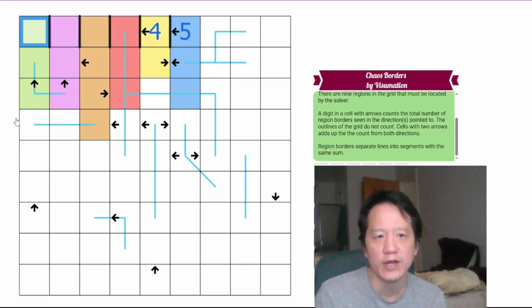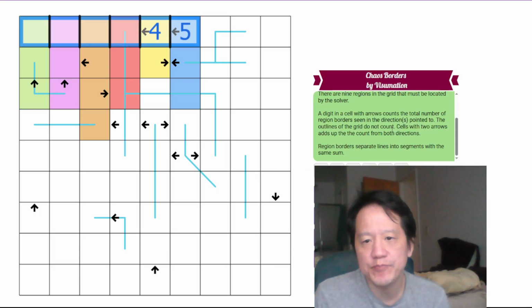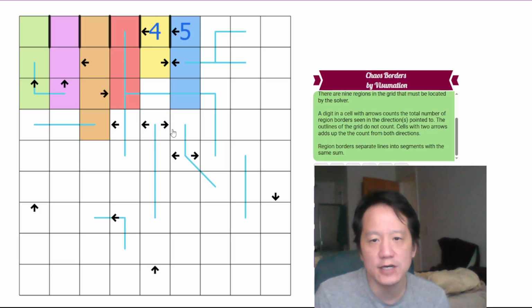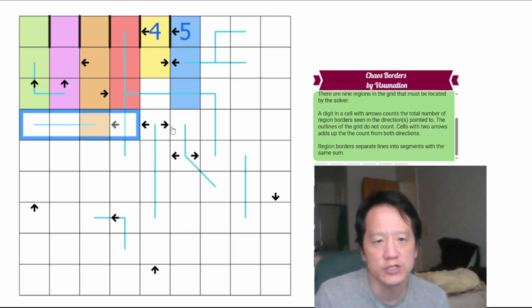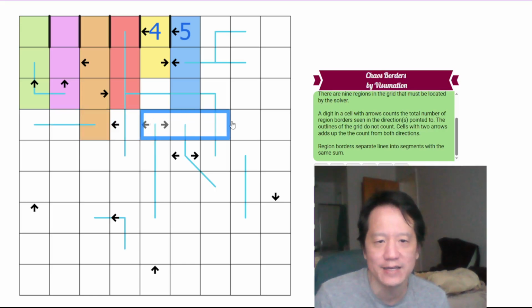And remember, the outline of the grid does not count. And this would see 5, because it would see a different one. The cells with 2 arrows add up the count from both directions. So this would count the region borders it sees going this way, and it sees going that way.